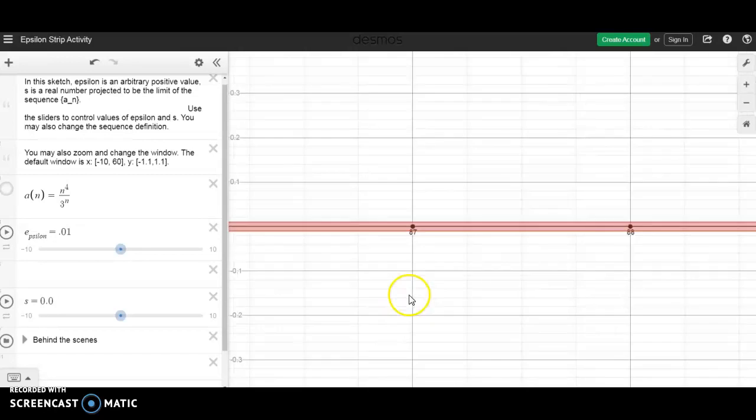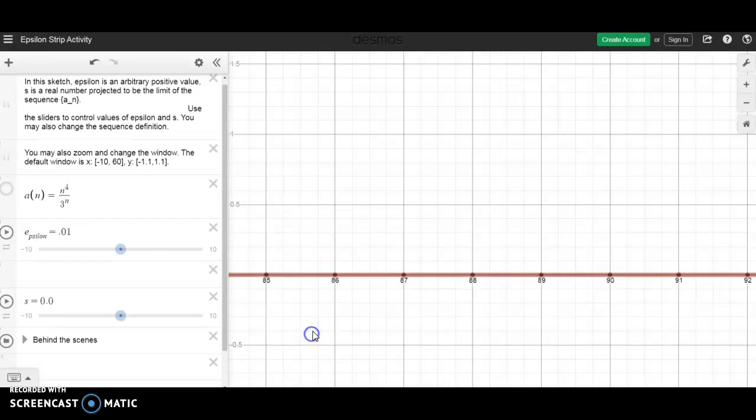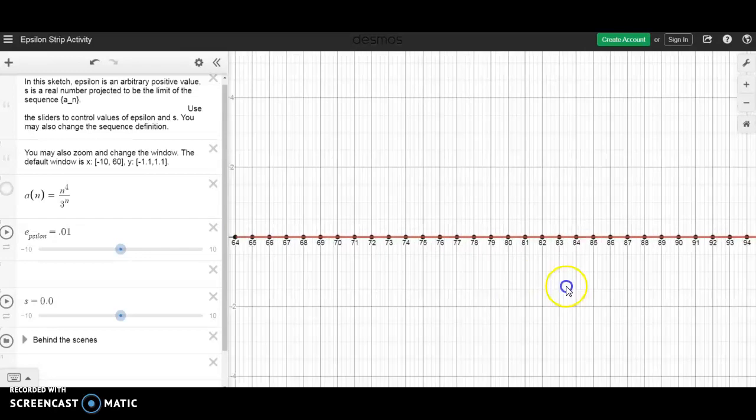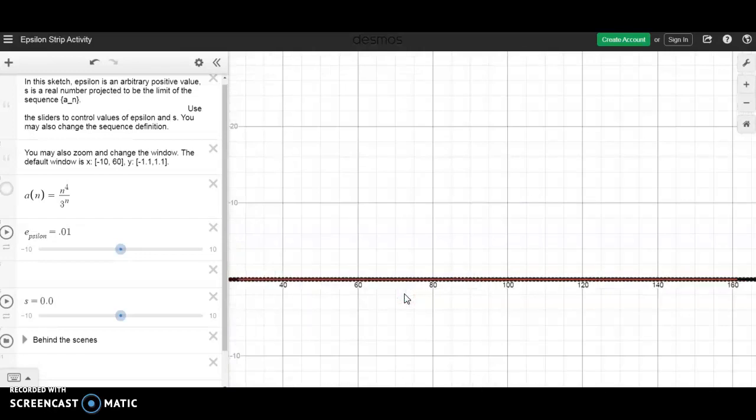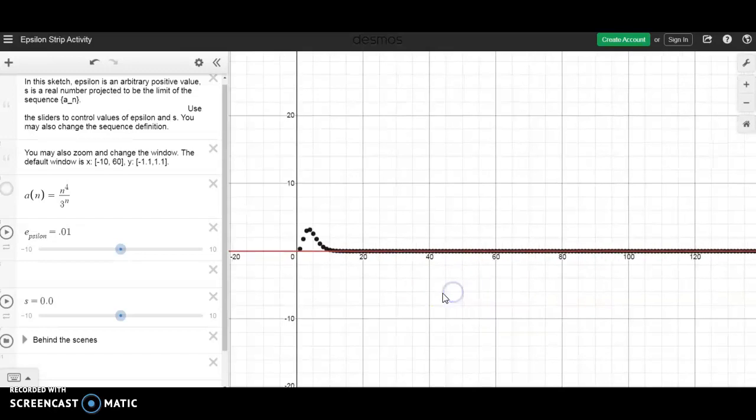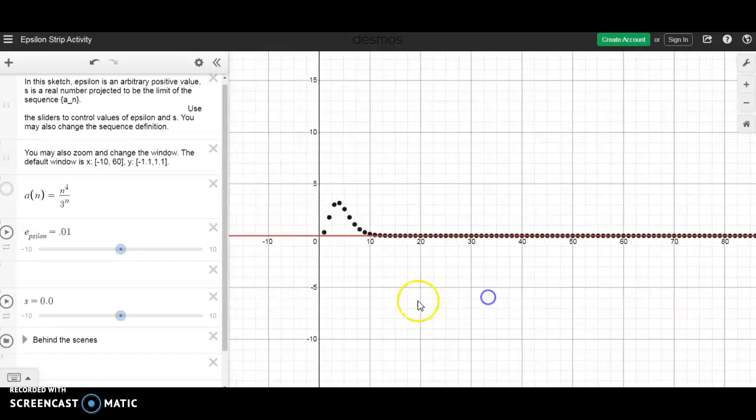If we look at definition 2, let's zoom back out. Hope you're not getting seasick or motion sick. Definition 2: S is a limit when only finitely many points are not covered by any epsilon strip, so a finite number of them are outside.